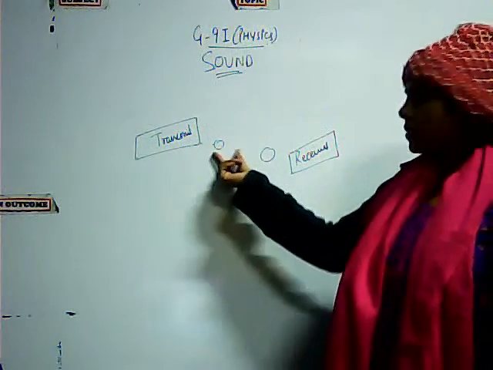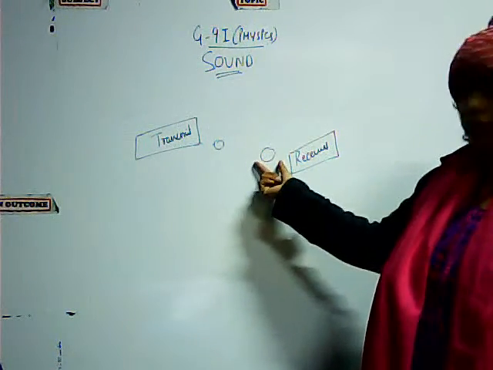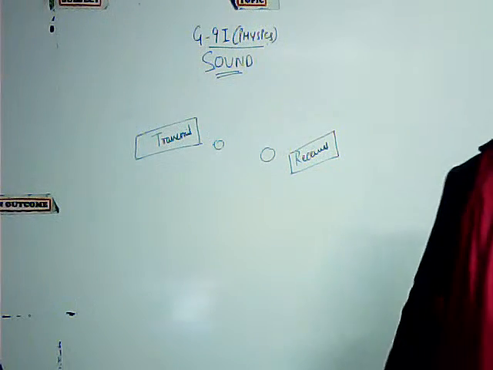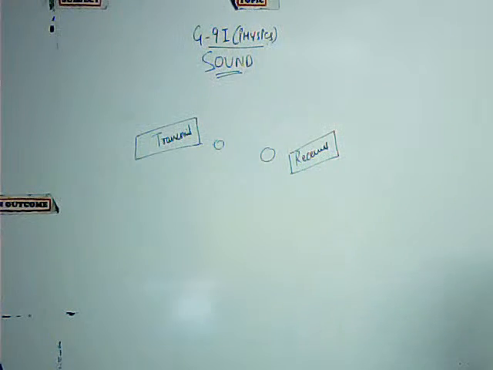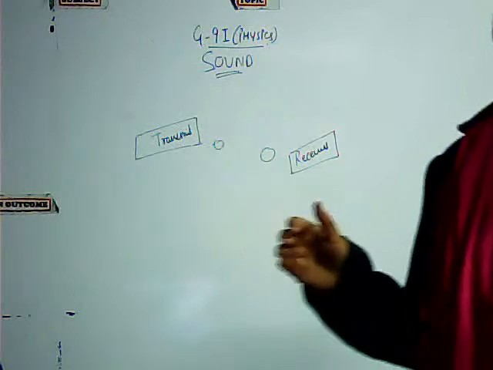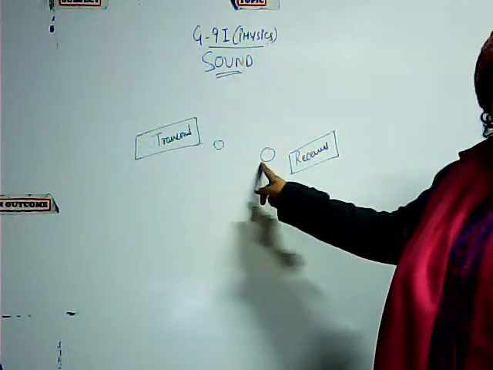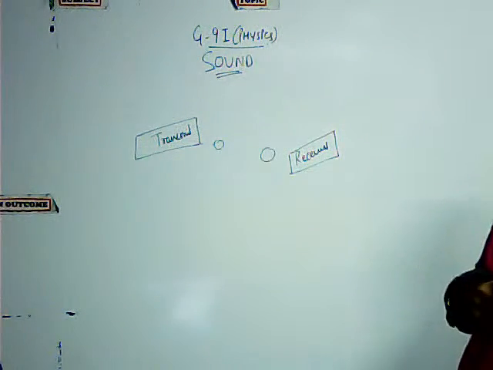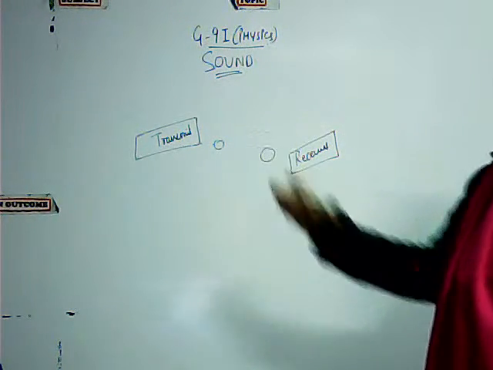Now it is going to decrease because this molecule takes a lot of time to reach this molecule, and then this molecule will take time to reach the receiver. जितने molecules increase करेंगे, time of propagation decrease हो जाएगा, speed increase हो जाएगी. Fine. If molecules are less, time of propagation increases. Time ज़्यादा लगेगा. So speed उतनी ही reduce हो जाएगी. Fine. अगर ज़्यादा molecules हैं तो फटाफट आगे energy pass होती जाएगी.